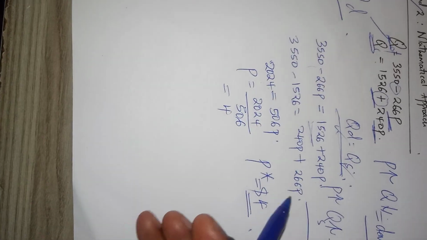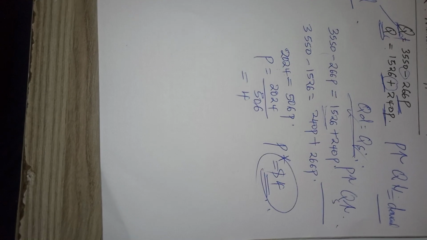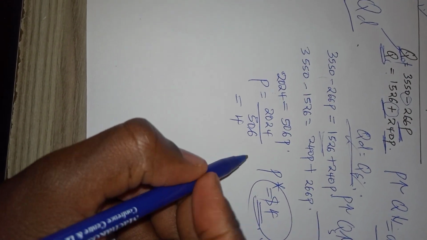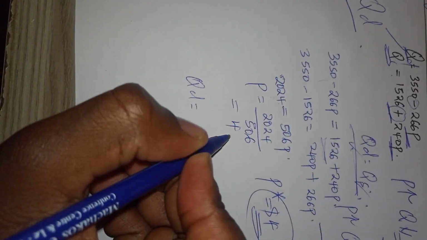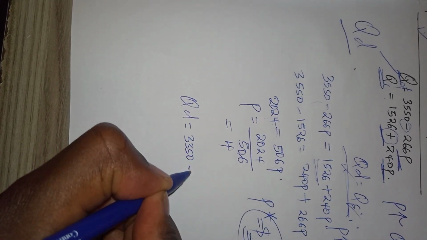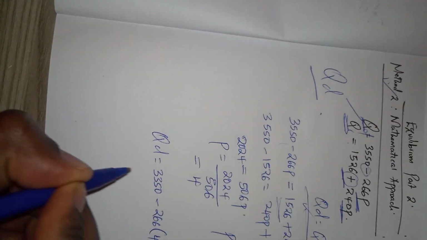So to find the equilibrium Q, we use this 4 and substitute in any of our two equations. So if you use the first equation, quantity demanded, we're going to have 550 minus 266 into bracket 4.